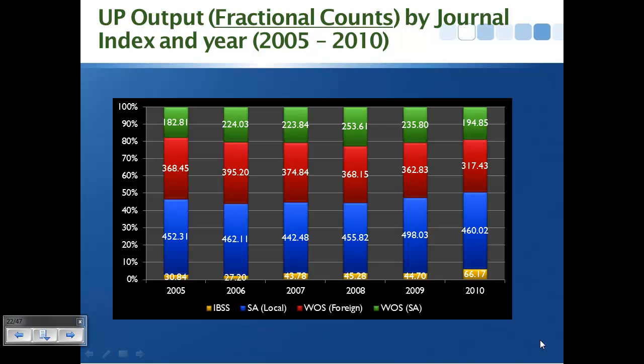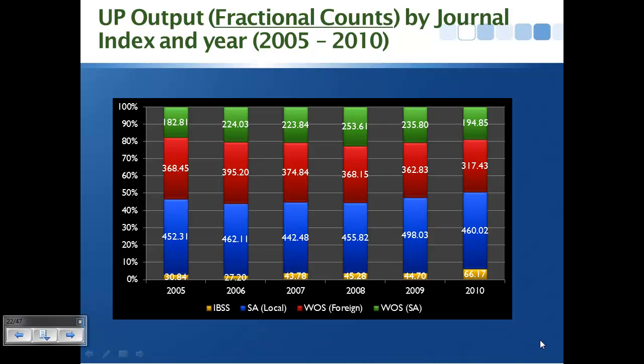This is Pretoria. Sorry, the colors are not compatible, so here you have to look at the red and the green. The red is foreign Web of Science, and green is Web of Science South Africa. Essentially, in 2010, about the same time, half of Pretoria's output appeared in the Web of Science, the green and red part. The other half, the blue part, those are the local South African journals.